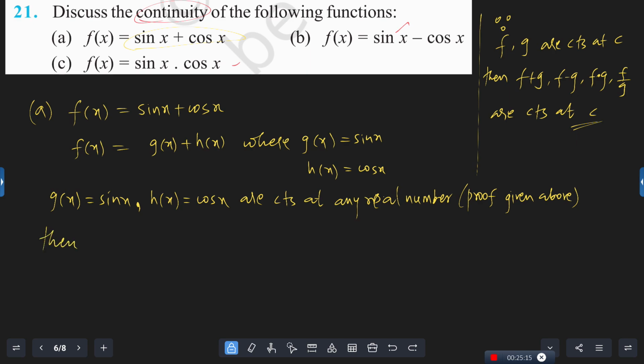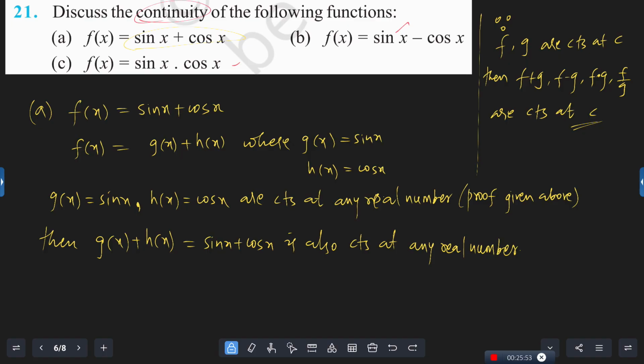Then we know that g of x plus h of x, that means sin x plus cos x, is also continuous at any real number.